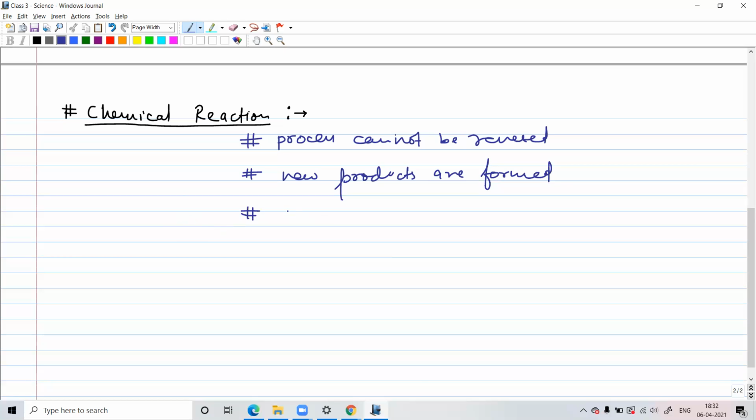In chemical reactions, atoms are neither created nor destroyed. So what happens in that case then? Atoms are not created. They just change their bonds. The bonds are formed between different atoms and molecules.